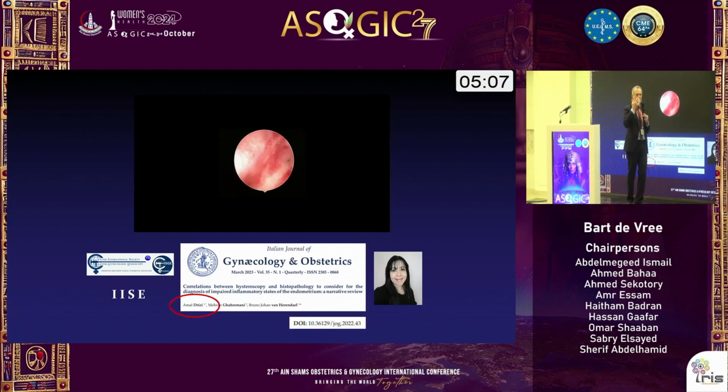Because there are a lot of possibilities, like obesity, hyperthyroidism, other metabolic and endocrine situations, like allergy. So it is a very nice idea, and think about it. And let's not talk about endometritis anymore, but about inflammatory state of the endometrium.